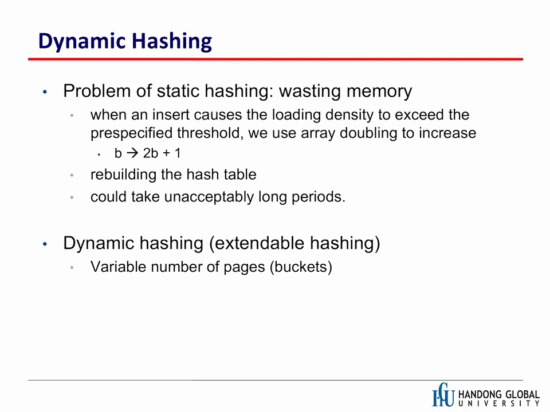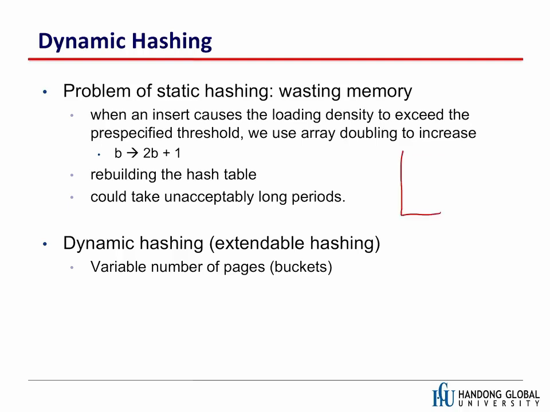Also, when an insert causes the loading density to exceed the pre-specified threshold, we use array doubling to increase the size of the hash table from b to 2 times b plus 1. What does that mean?